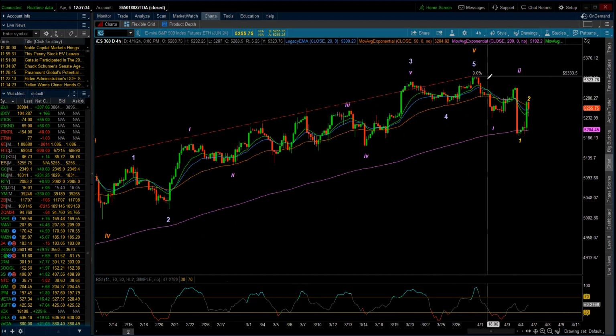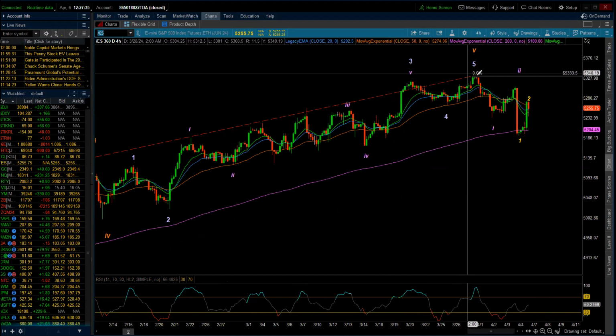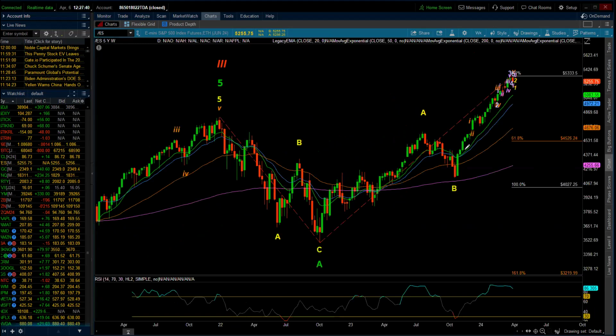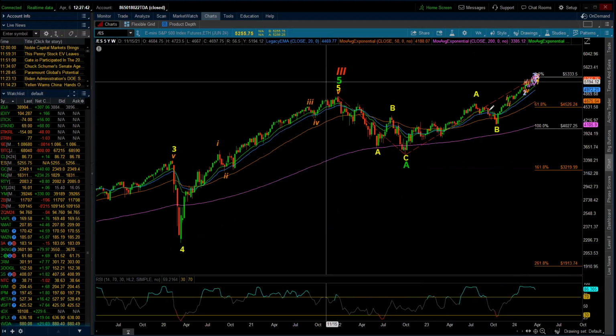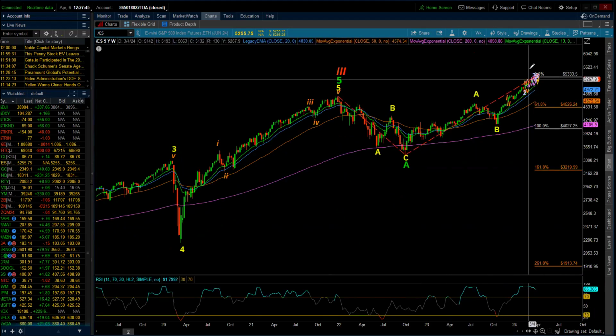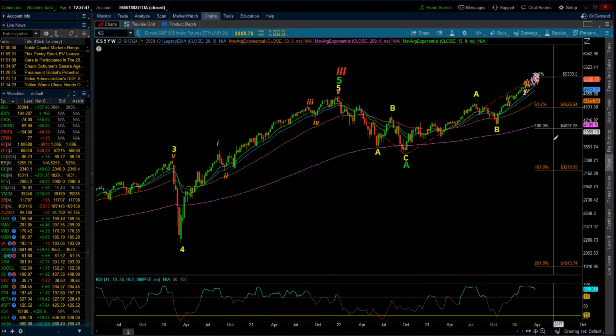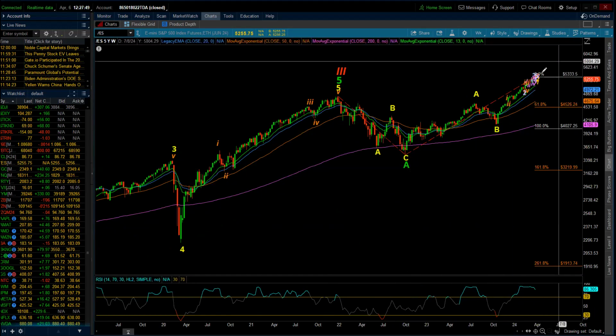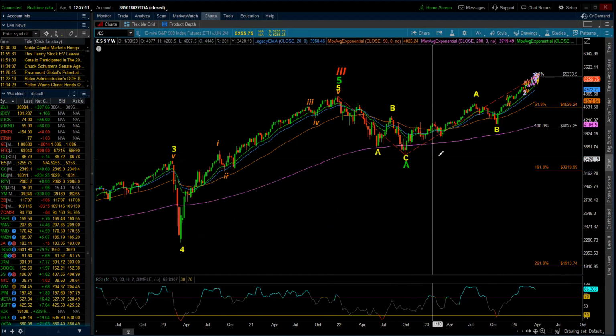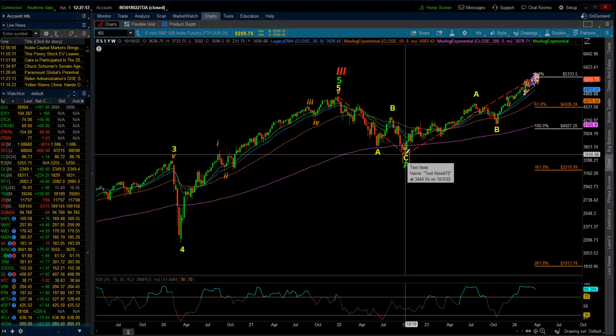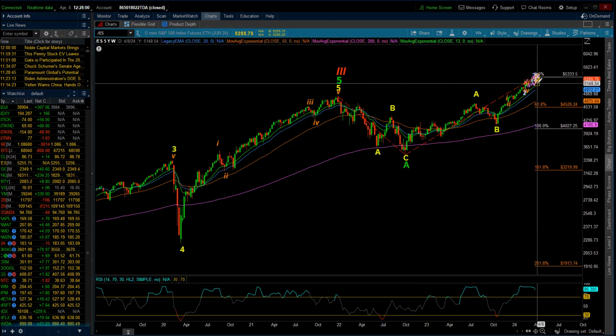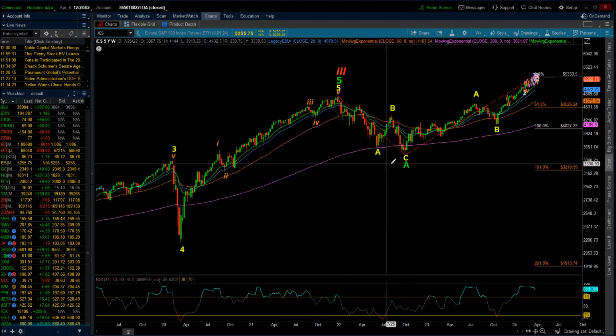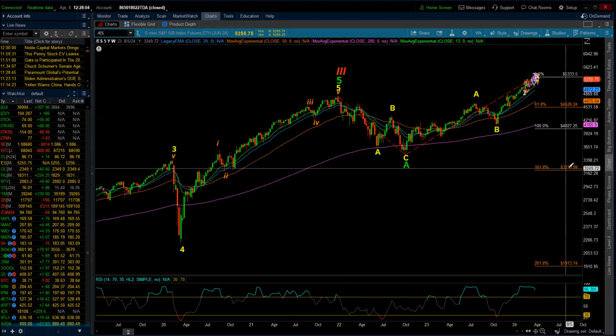Over here, what I've marked here, and you can go out to my weekly chart, is if indeed the primary B wave is complete, this would be the picture coming off for a primary C wave. And what we're looking at is for it eventually to get itself below 3505. Well, wave C would be 1.618 times the length of wave A at 3220.